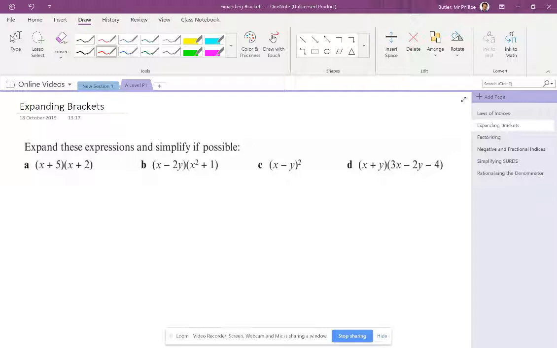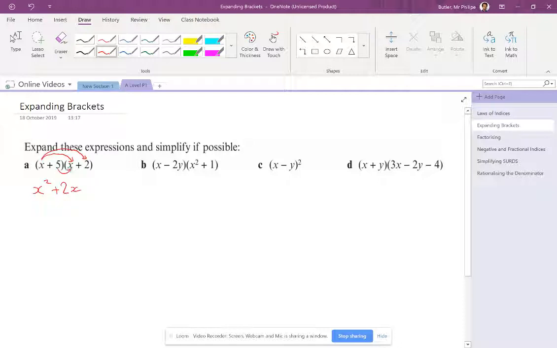So expanding brackets, the rule is you multiply everything in the first bracket by everything in the second bracket. So we start with the first multiplied by the first, which is x squared. Then the first multiplied by the second, which is plus 2x.